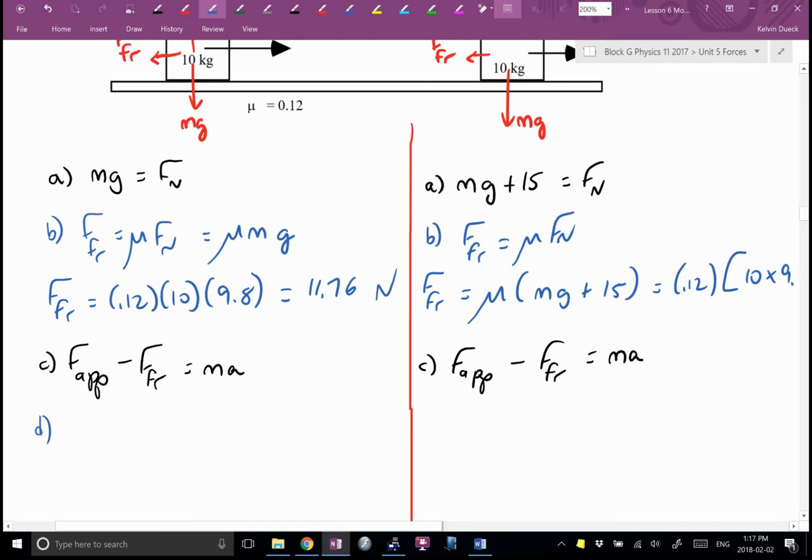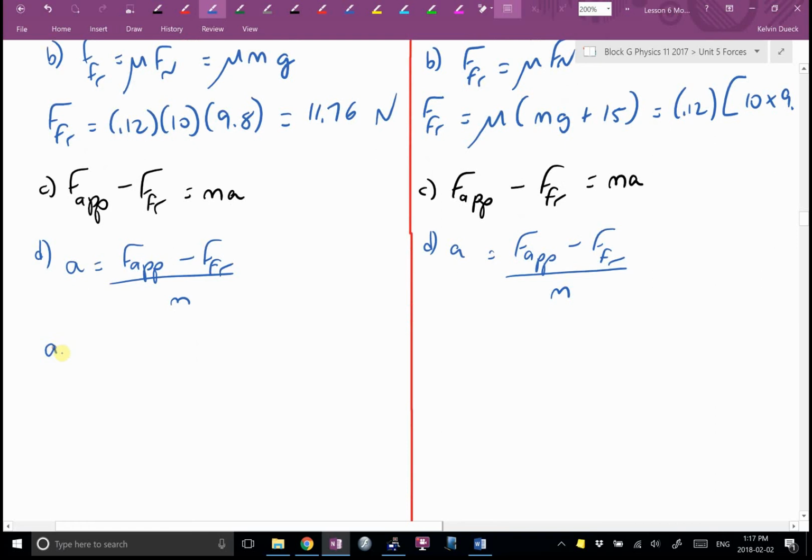I've scrolled down. Hannah, what does D want me to find? Oh. See the equations that Sierra gave us? How would I get the A by itself? So I get A equals F applied minus friction divided by M. And I love the fact that for different situations, we're still getting the same equation. What's going to change is the parameters of the variables we put in here.